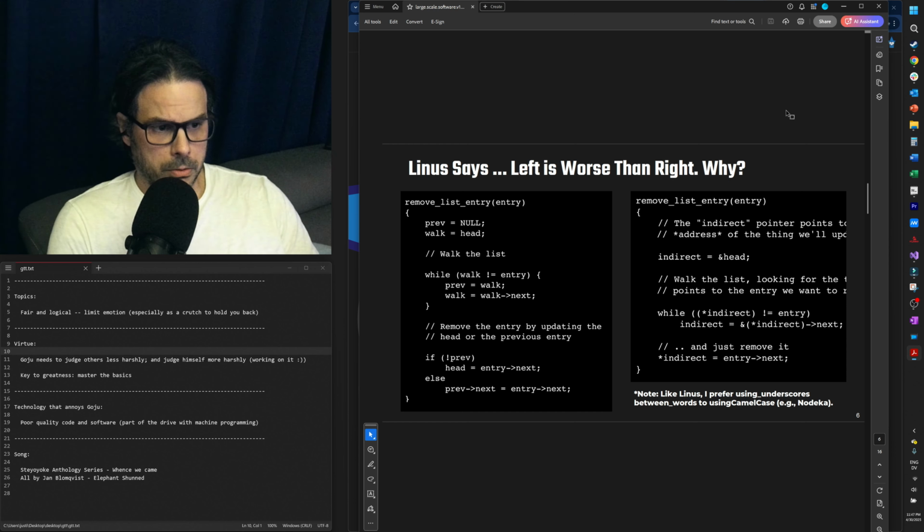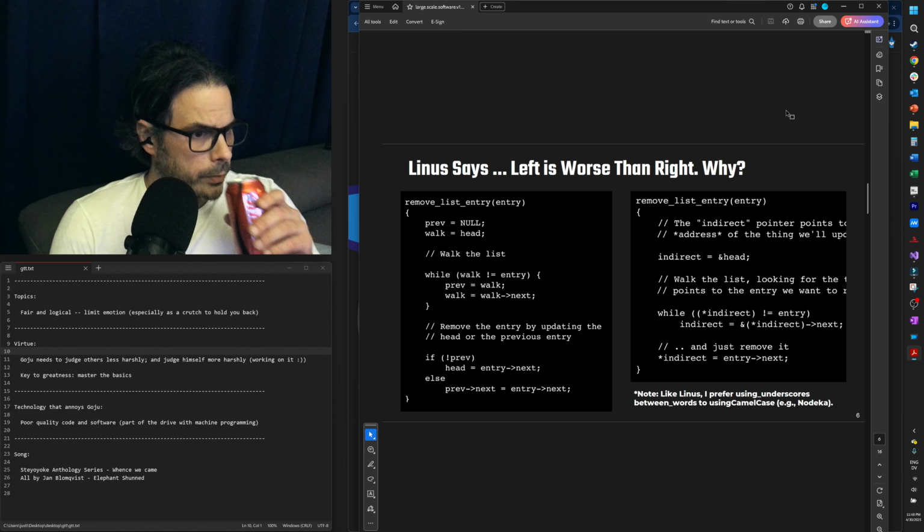Oh, and by the way, I reduced the syntax a little bit, mostly so it would fit on this slide. But I think entry, prev, and walk are pointers and this kind of stuff. So hopefully you can intuit. I know many of you are expert programmers, so you already have intuited the definitions of things. I apologize for eliding away some of those details. It was just too much code to get on a single slide.